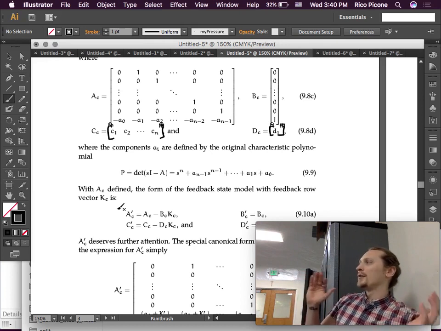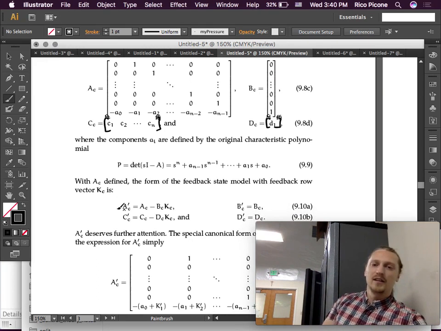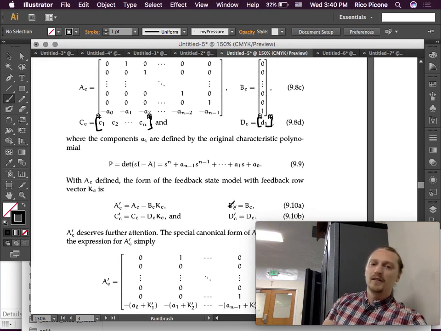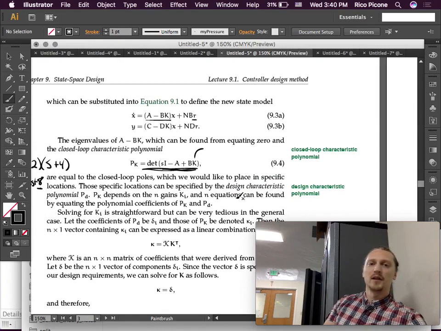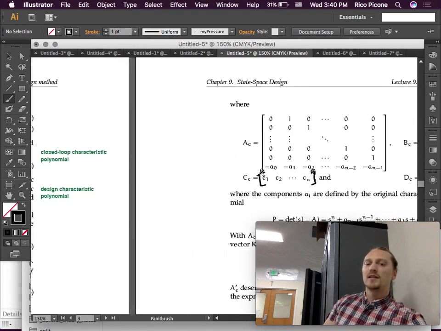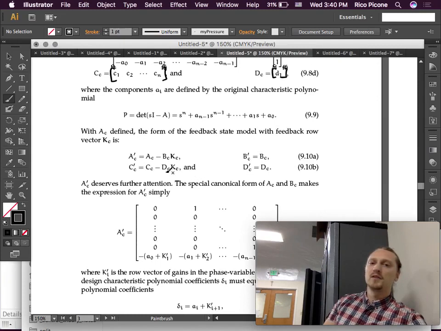So our new A matrix is A_C minus B_C K_C. Our primed B matrix is just the phase variable canonical B matrix. This is harkening back to here: A minus BK, C minus DK, etc. We're just using that formula.